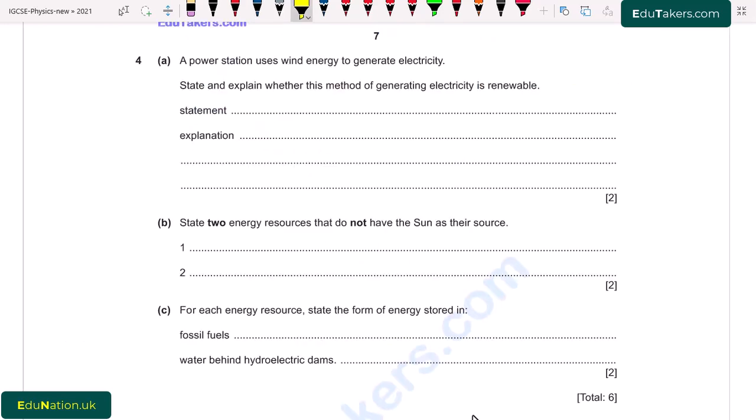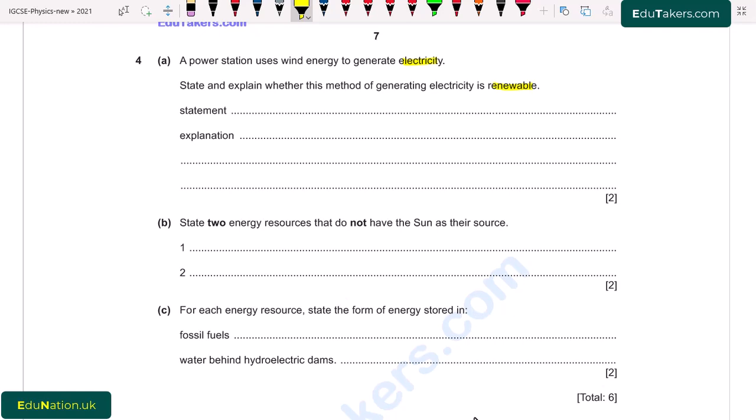Question number 4, part A. A power station uses wind energy to generate electricity. State and explain whether this method of generating electricity is renewable. So a renewable source is one that can be renewed again and again. It can be used again and again, and this source does not run out.